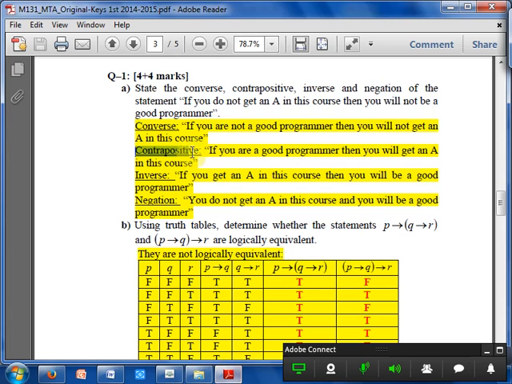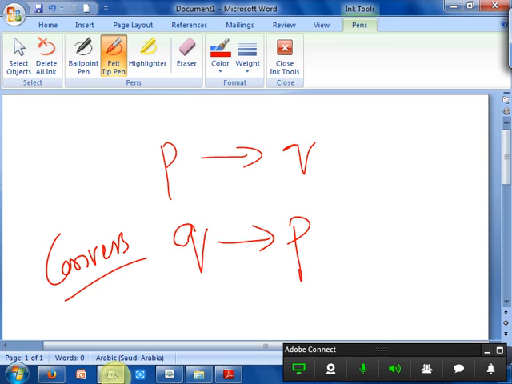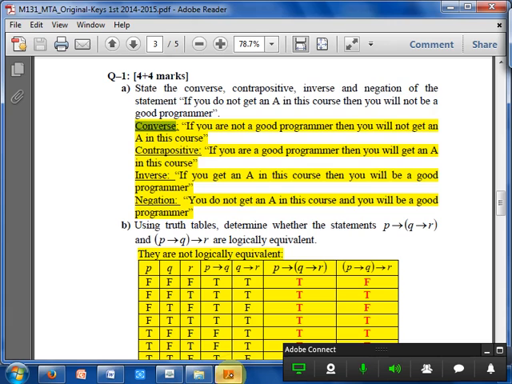Then the next is the contrapositive. Contrapositive is not of the converse. Converse, what you did was just bring Q and P. Now here you make not Q then not P. So the contrapositive is: if you are a good programmer, then you will get A in the course.